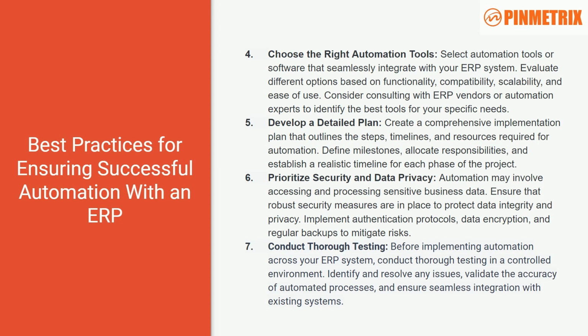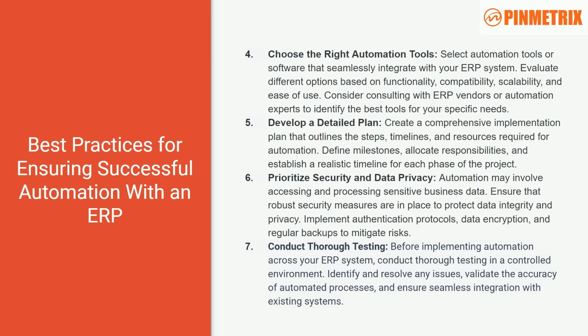Develop a detailed plan of how you want to execute this automation. You need to have a detailed plan on it. If you don't plan, you end up planning to fail.